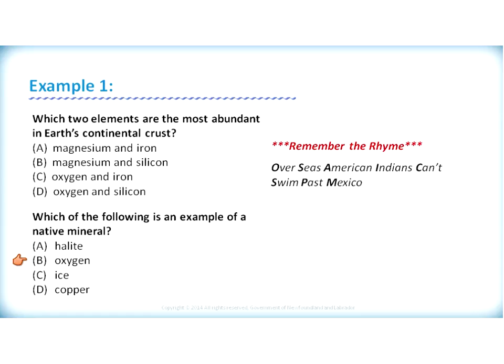Oxygen is a gas, and gases, by definition, cannot be minerals. Ice is made up of hydrogen and oxygen, and again, it's a compound, so therefore it would not be considered as a native mineral, because native minerals are only made up of one element. So our answer in this case will be D, copper. Copper can exist within rock in pure elemental form, so it's called a native mineral.